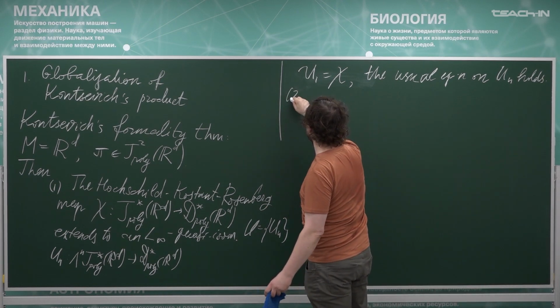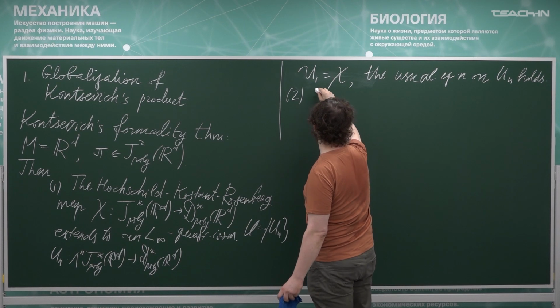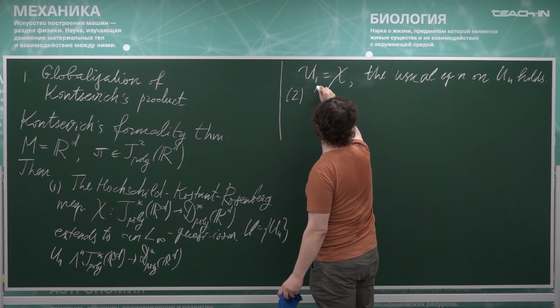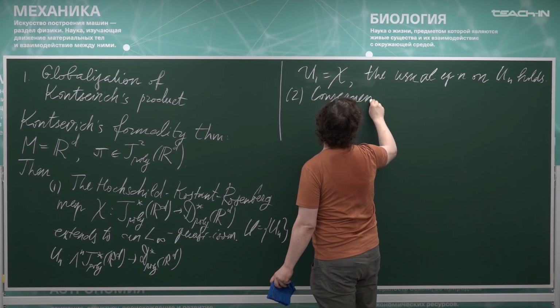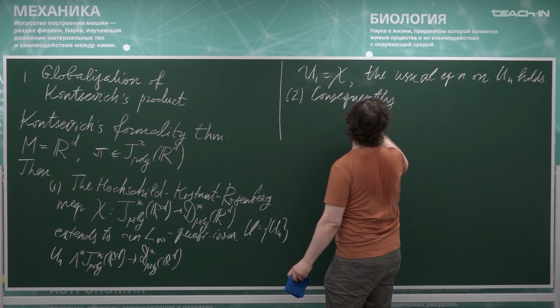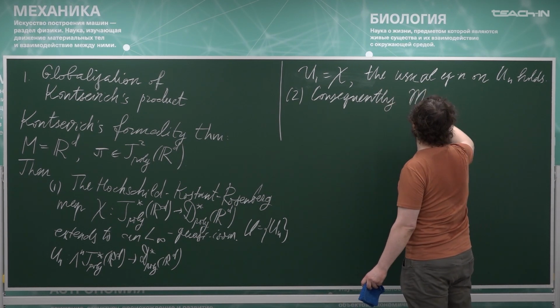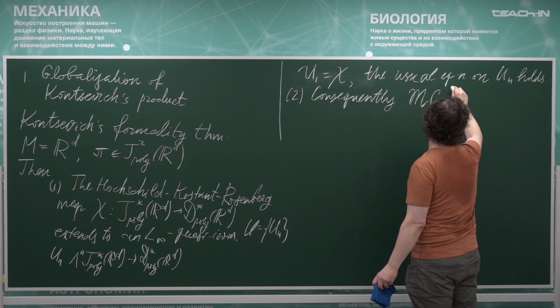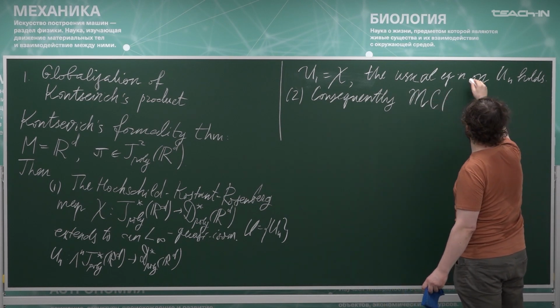And it follows from this claim that the sets of Maurer-Cartan elements on the left and on the right are isomorphic.